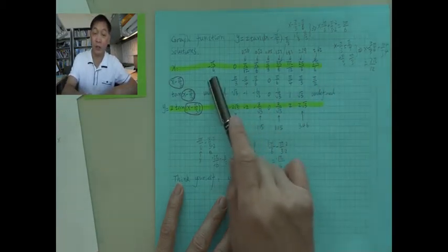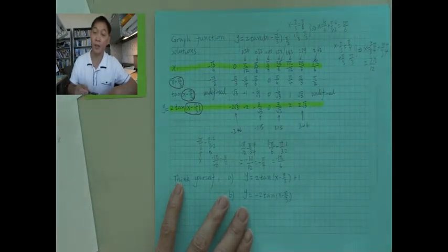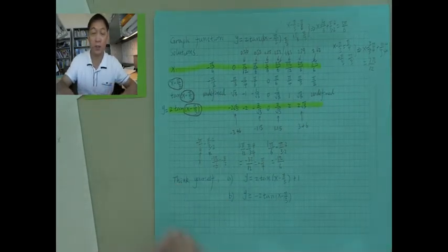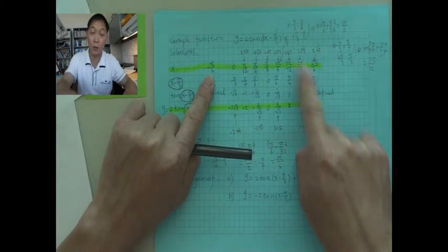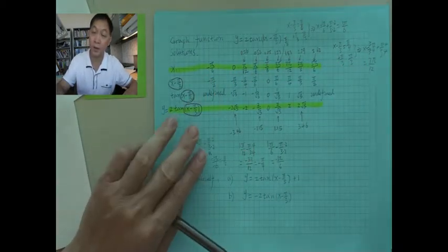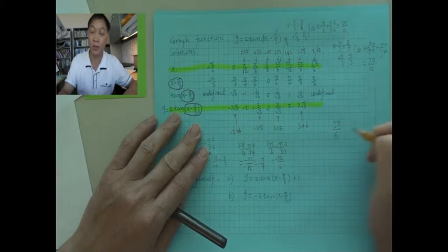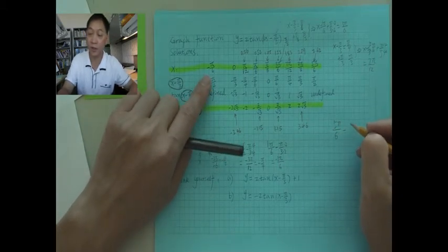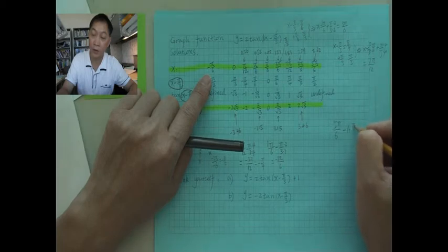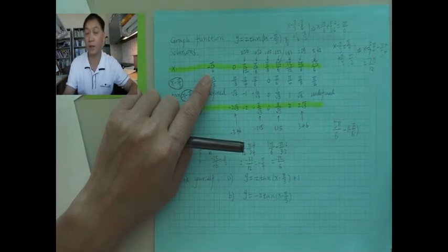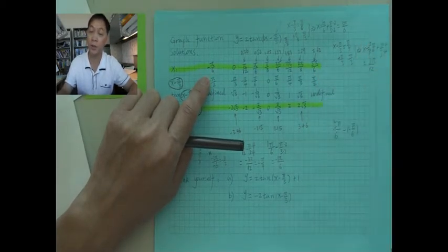So what is the range from here to here? The distance between those two is what? 5 pi over 6 minus this value, negative pi over 6. That's the distance between those 2 points.